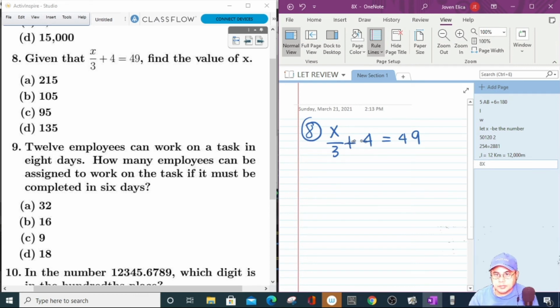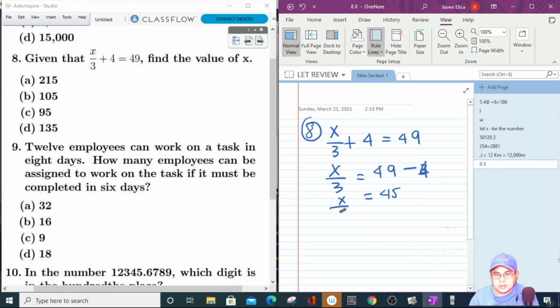You can either simplify the left first, or you can transpose 4 to the right. It's up to you. Let's say I will transpose 4 to the right side. So this is equal to 49 minus 4, which is 45.